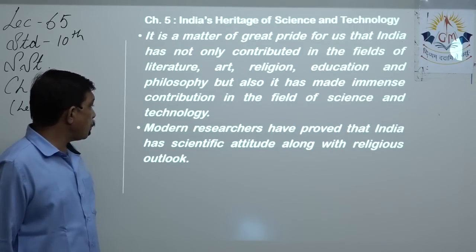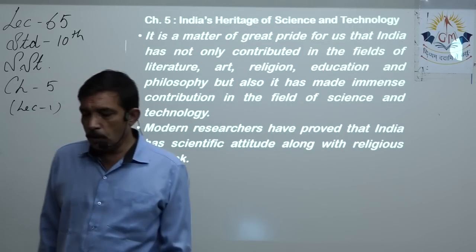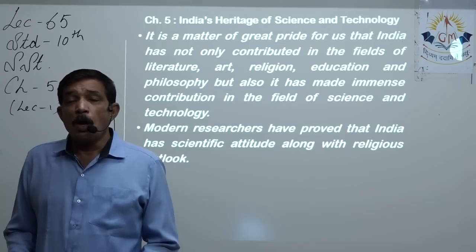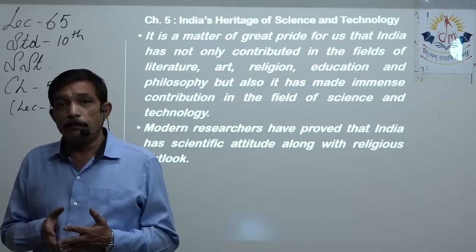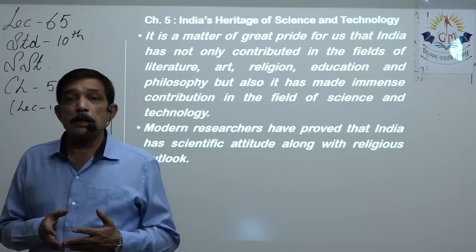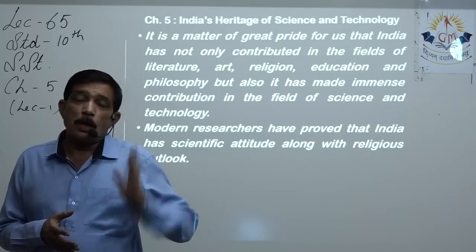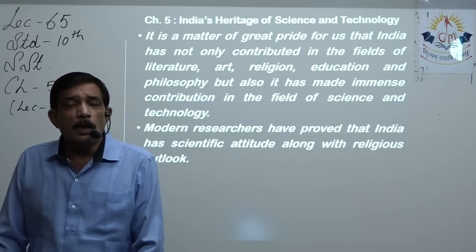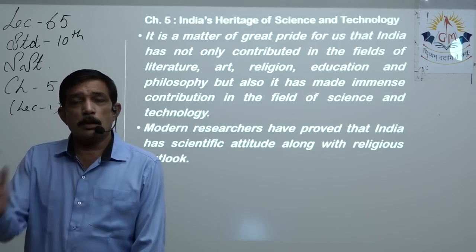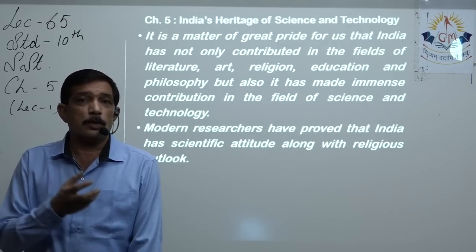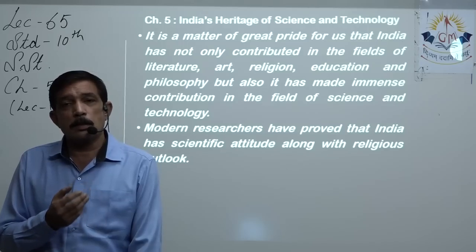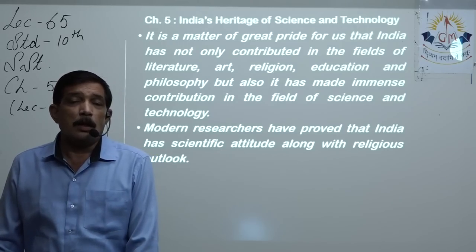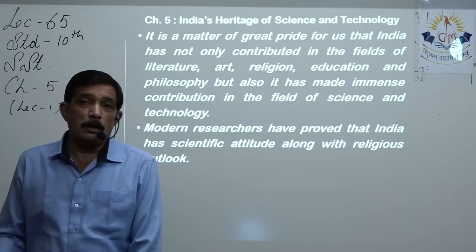Modern researchers have proved that India has a scientific attitude along with a religious outlook too. What they have found today, Indian sages and saints and scientists had proved quite long ago, say 100 or 1000 years ago. They had already proved the orbit in which the Earth rotates around the Sun, and the position of the planets in these many years.